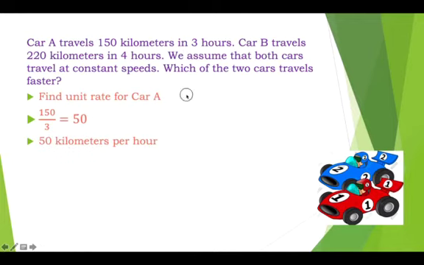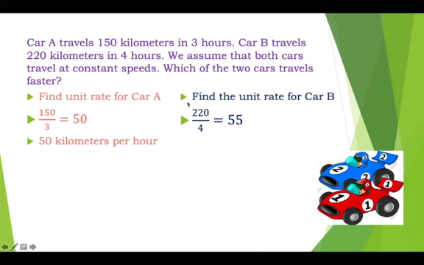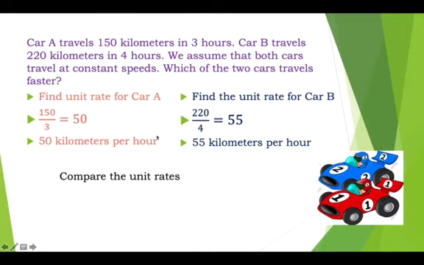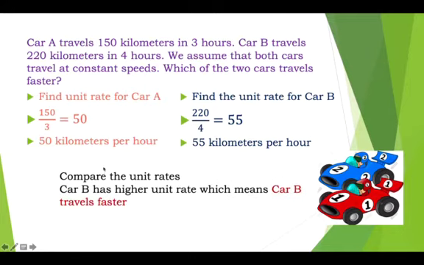Now let's find the unit rate for B, which is 220 over 4, which is 55. That means 55 kilometers per hour. Now you need to compare the unit rates. Which one will be faster? 55 is more than 50. So car B has a higher unit rate, which means car B travels faster.